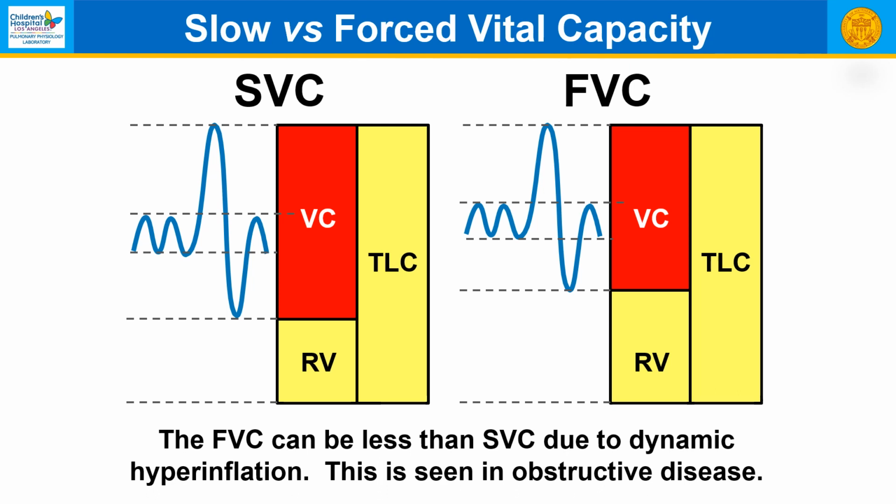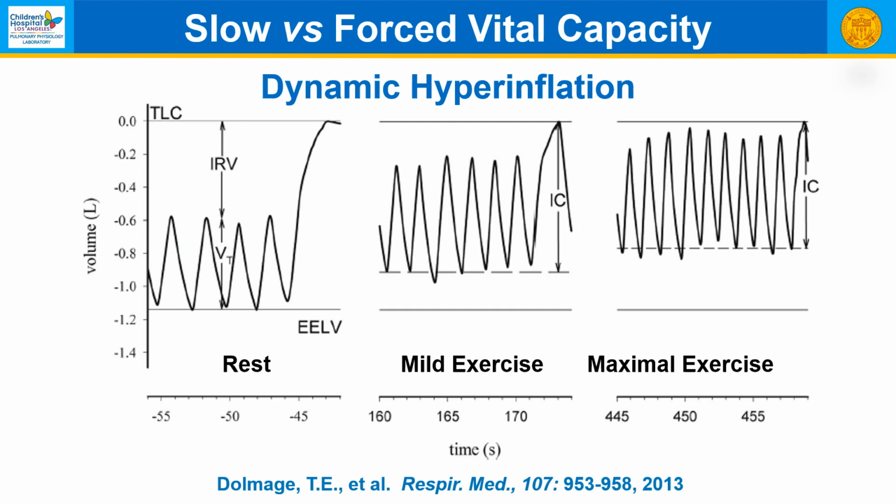So slow versus fast vital capacity, or forced vital capacity. The forced vital capacity can be less than the slow vital capacity due to dynamic hyperinflation, and this is seen in obstructive lung disease. What's plotted here is basically the inspiratory capacity. So there's tidal volume and inspiratory reserve volume, okay?